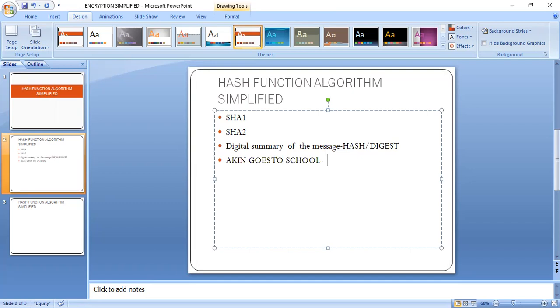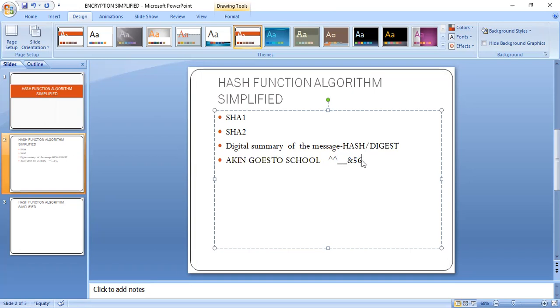So let's assume, just being hypothetical now, the hash of this message is this. How many characters do we have here? One, two, three, four, five, six, seven.